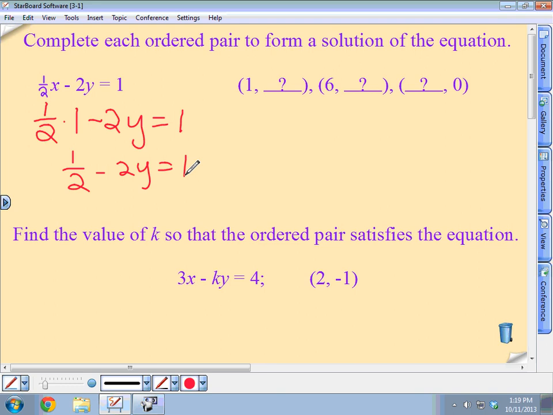And then if I subtract a half, and then if I divide by -2, I multiply by the reciprocal of -2, which is multiply by negative 1/2. And that will give me negative 1/4. So go ahead and do the other two. So if you know x is 6, what's the y coordinate? And if the y coordinate is 0, what is the x coordinate?